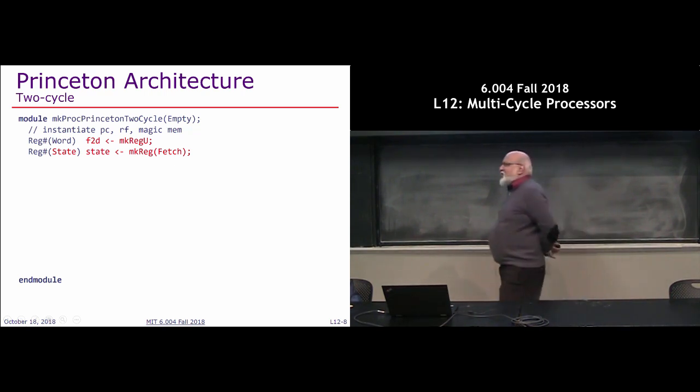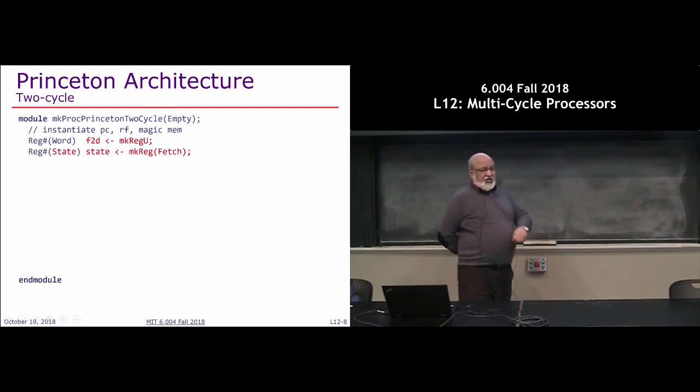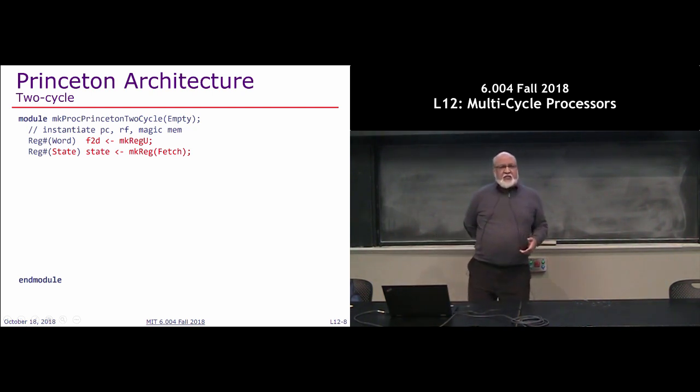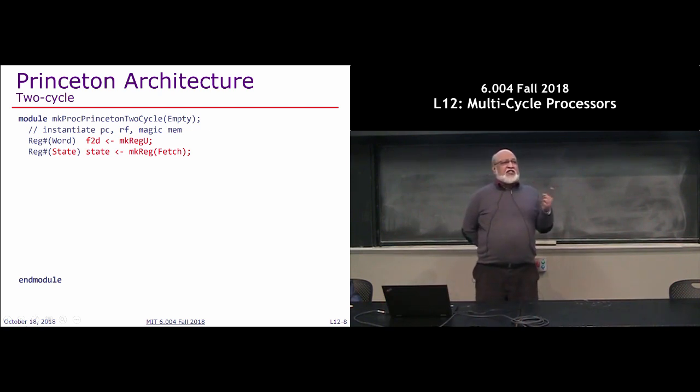Okay, so there is this kind of state you have to instantiate, but the new state we are introducing is a register to hold these instructions that you will be bringing in. Instructions are also one word size, so it's a register that can hold words. All right, and the state we already showed you is just a single bit. It tells you whether it's a fetch stage or an execute stage.